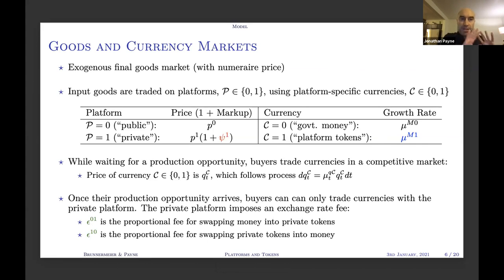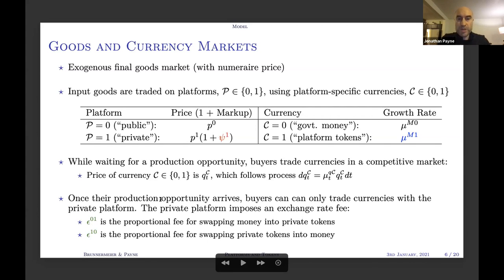Okay, so they're the goods markets. What about the currency markets? Well, while waiting for a production opportunity, the buyers are able to trade currencies frictionlessly in a competitive market. I use QC to denote the price of currency C, and it follows a drift process over time since there's no aggregate shock in this economy. So while waiting for production opportunities, the currency market is completely frictionless. The difficulty for the buyers is what happens when a production opportunity arises.